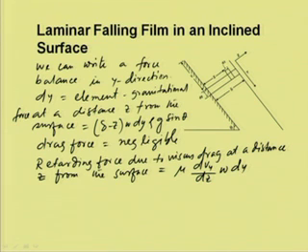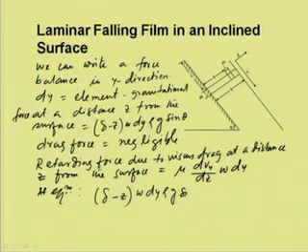V y is the fluid velocity. Now, at equilibrium we can write delta minus z w dy rho g sin theta will be equal to mu d v y d z w dy.